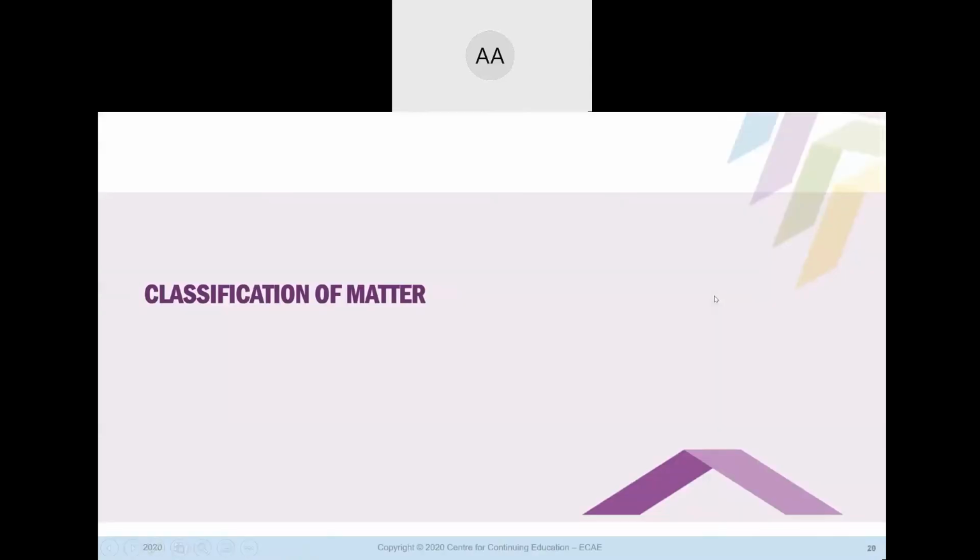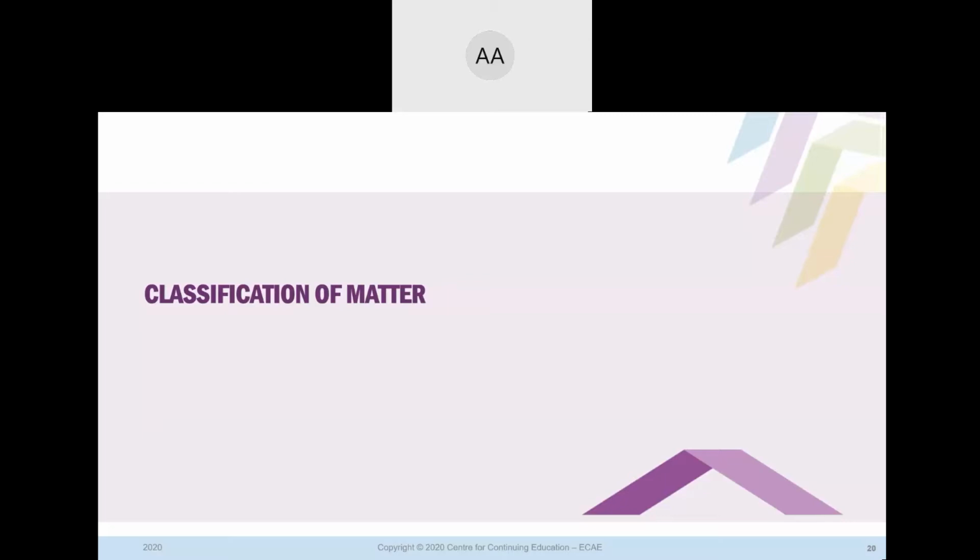And what we're looking at now is classification of matter. So this is something, again, that is taught all the way through from cycle 1 right through to cycle 3. You will find a very nice pack of information in the resources that go with this training.